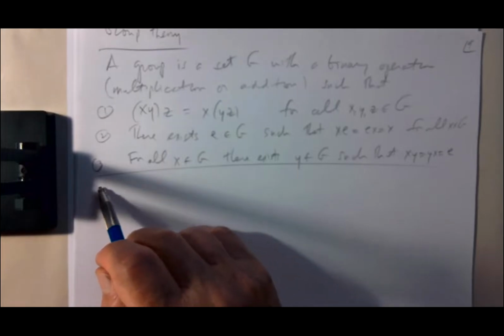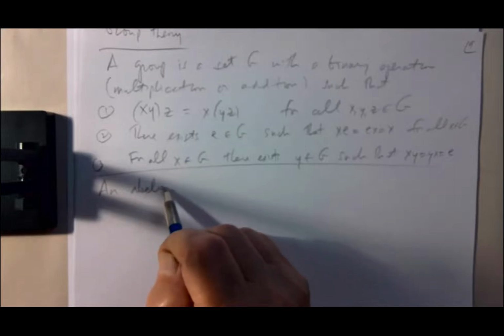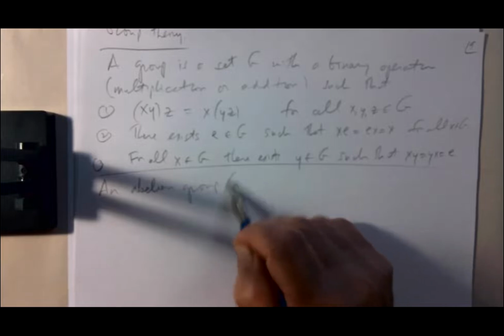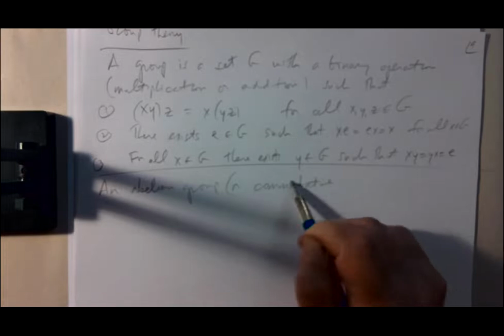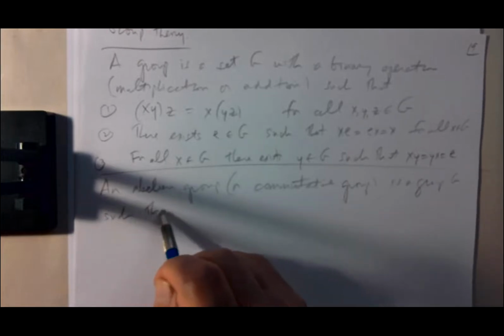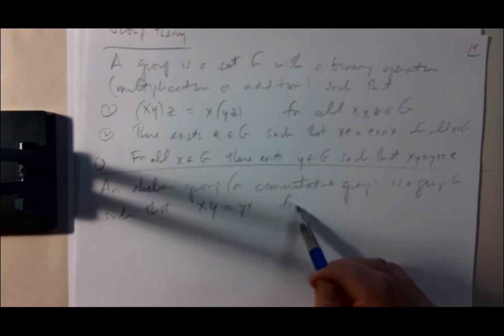And an abelian group, or a commutative group, the words mean the same thing, is a group G such that the order of multiplication doesn't matter. xy equals yx for all x and y in the group.